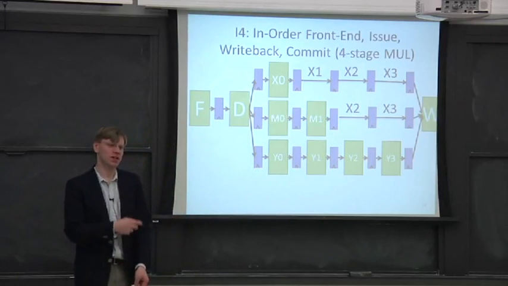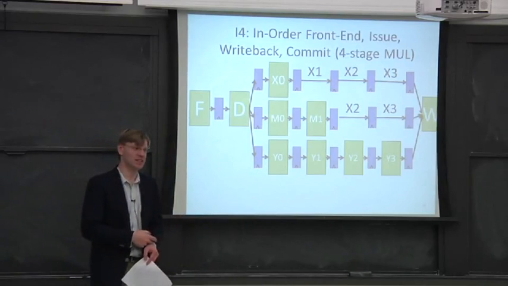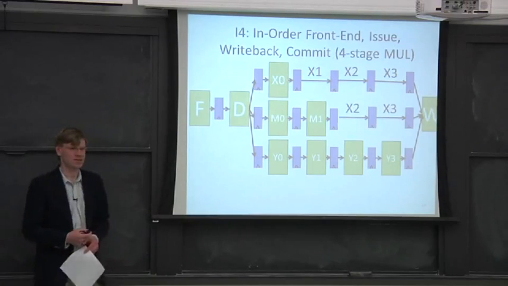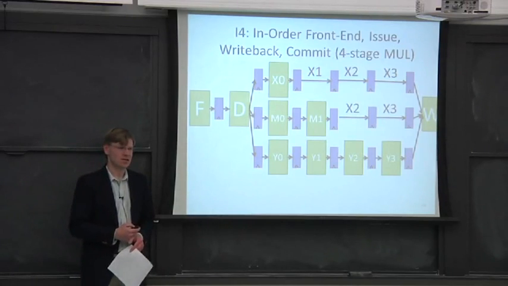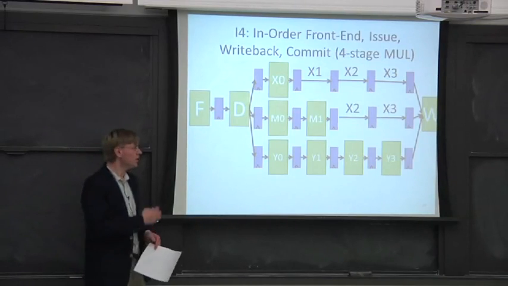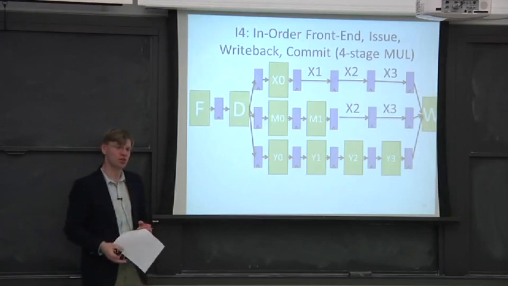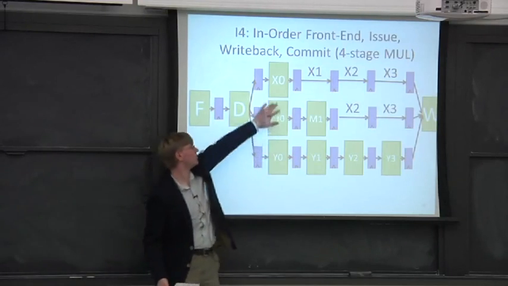And how much pipelining, or how much bypassing do we need? In-order pipe, 3 pipes, or 3 functional units, we'll call it. 1, 2, 3.